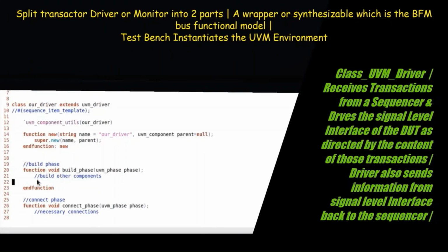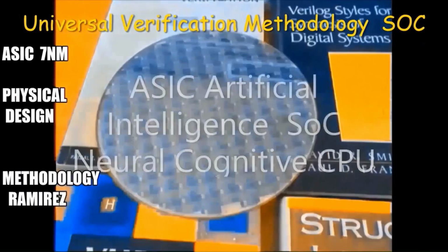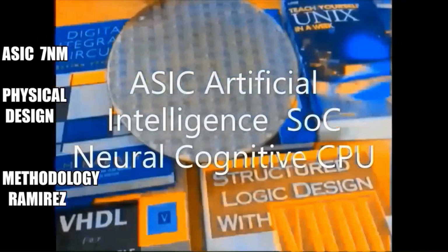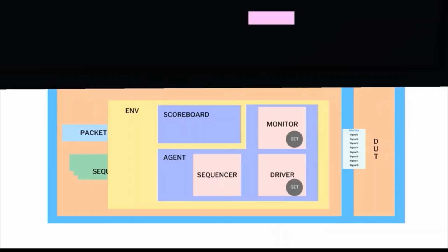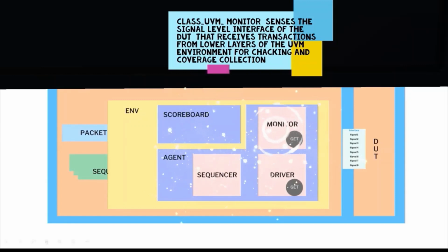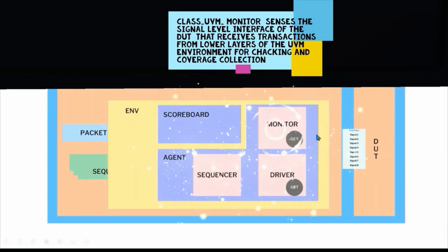This means splitting each transactor, that is the UVM driver or monitor, into two parts: a lightweight proxy or a wrapper that continues to run on the host, and a synthesizable part, which is the BFM or bus functional model, that runs on the box and wiggles the pins of the device under test, the DUT.